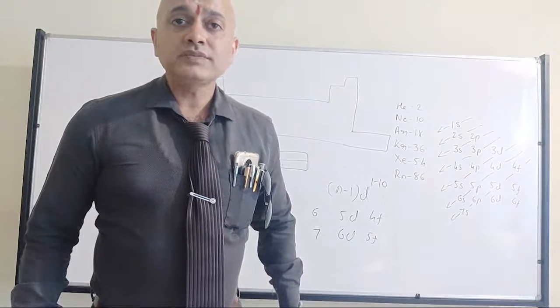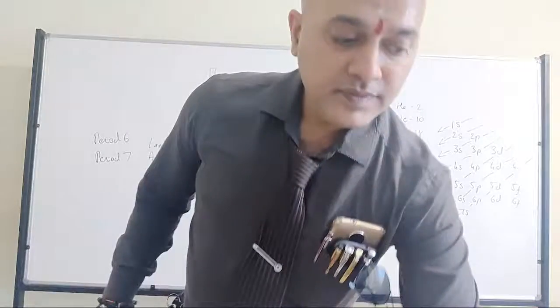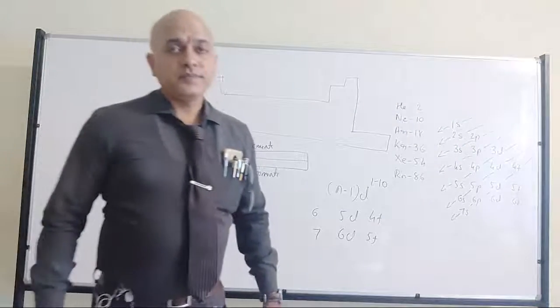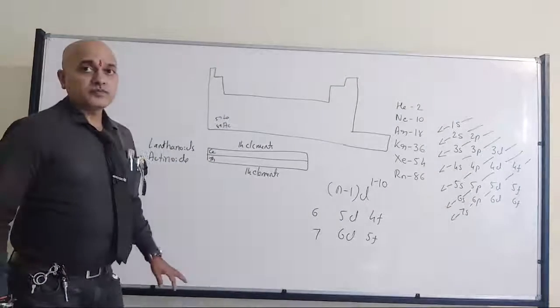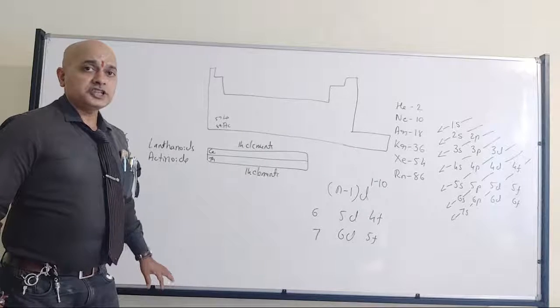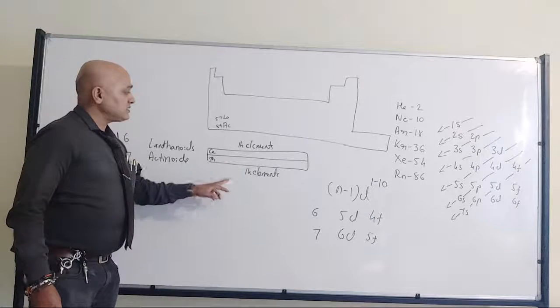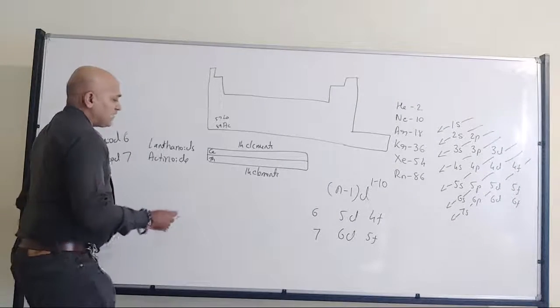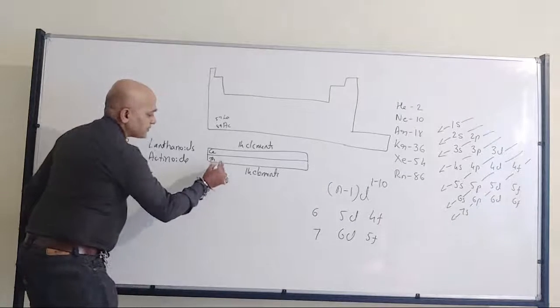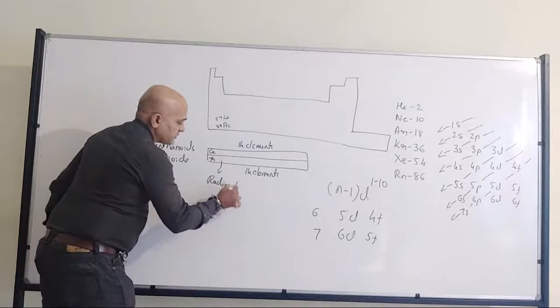Any doubts? Fine? No doubts? So shall I move to the next one? And most of the actinoids are nothing but radioactive elements. Or I can say all of them are radioactive elements.